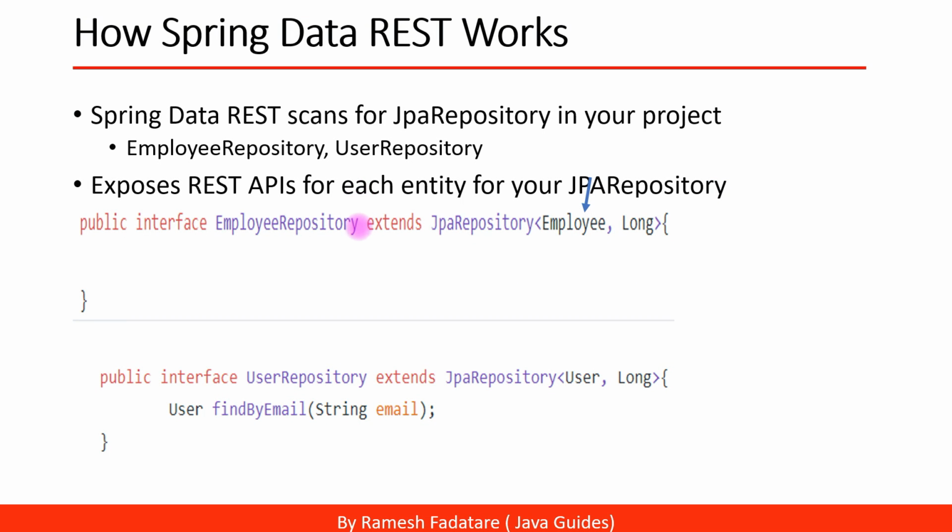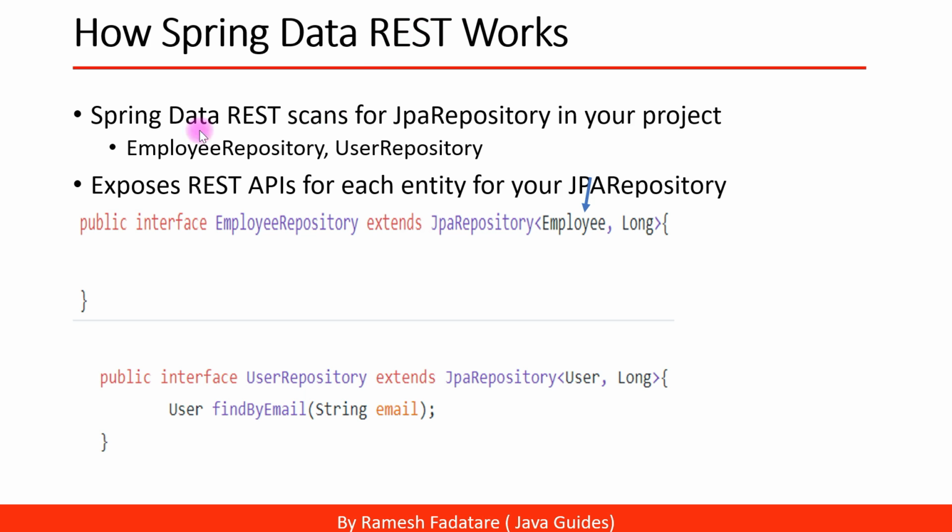Now you might be wondering how Spring Data REST works. Well, basically Spring Data REST scans JpaRepositories in your project. Okay, for example, let's say you have a user repository or employee repository, right? So these repositories extend JpaRepository.